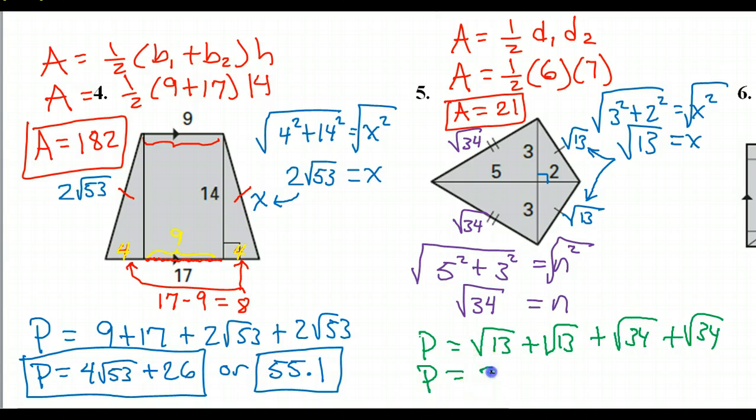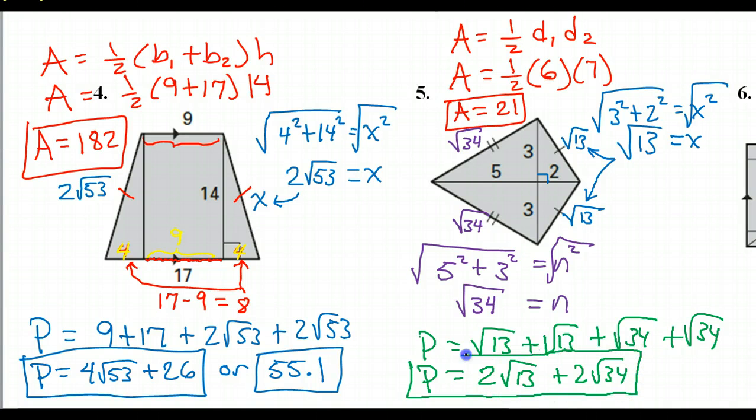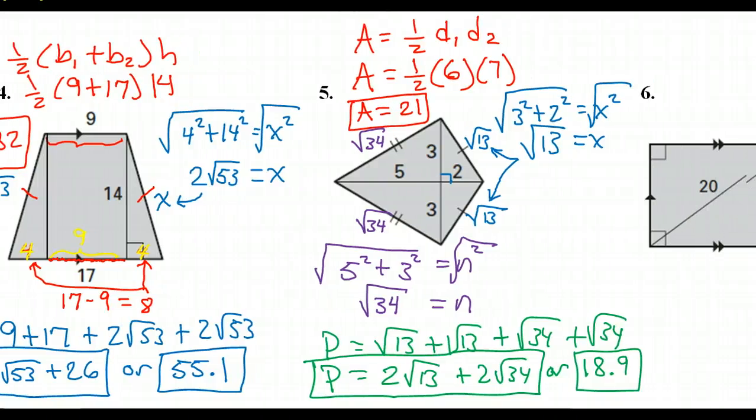So that's just going to be 2 radical 13 plus 2 radical 34. That won't simplify any further, so if I wanted an exact answer, that would be it. Of course, I could make it into a decimal if I wanted to. It would be 18.9. Okay, so that's number 5.